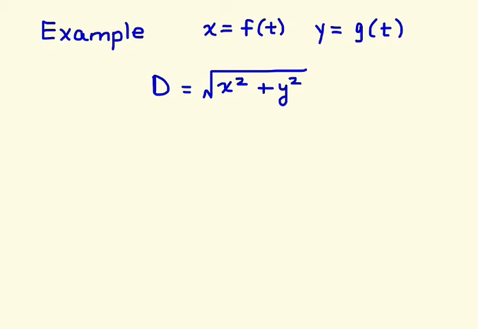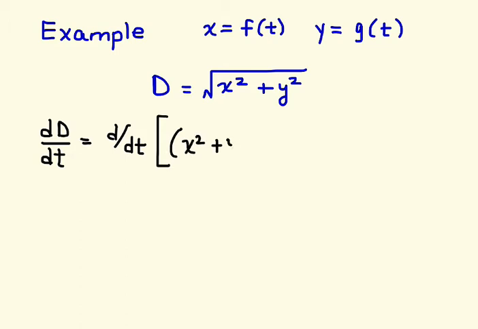So how do we find the derivative of the distance with respect to time? Well, it's going to be the derivative with respect to time of d, and d happens to be x squared plus y squared raised to the 1/2. So we're going to take the derivative. We have to remember that x and y are both functions of time, okay?